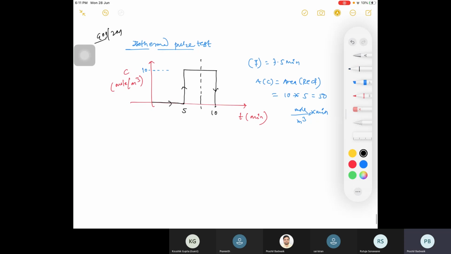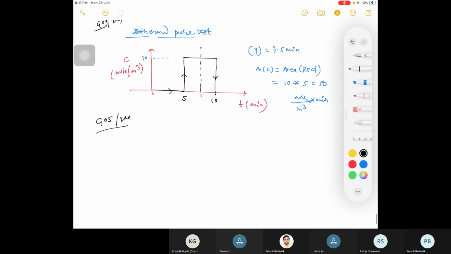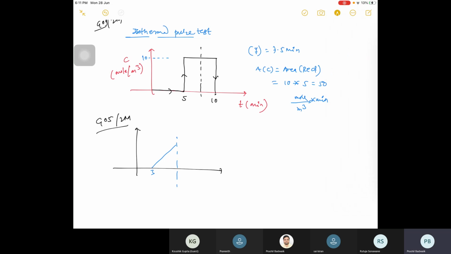So this was for 2 marks. Now GATE 2005, 2 marks. A curve is given. Three. This is your 15. This peak is at 8. Please extend this here.